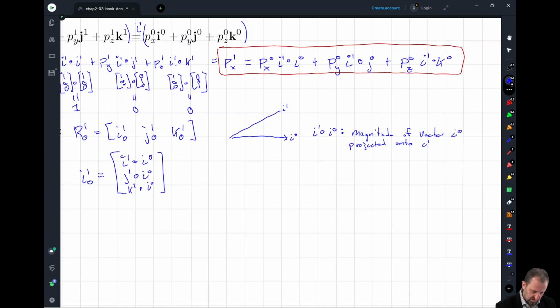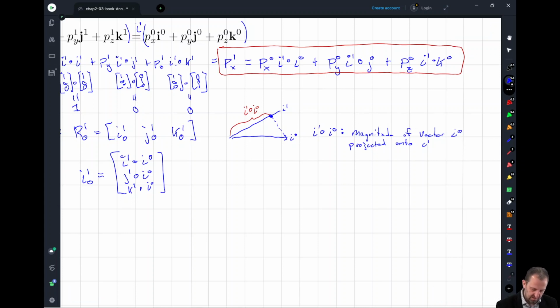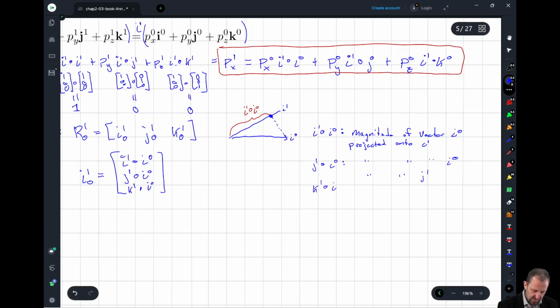So that would be I1 dot I naught. Similarly, J1 dot I naught is equivalently the magnitude of vector I naught projected onto J1, and similarly K1 dot I naught is I naught projected onto K1.